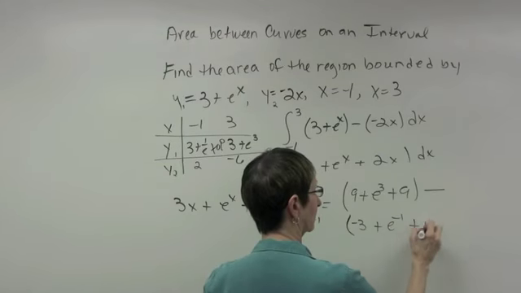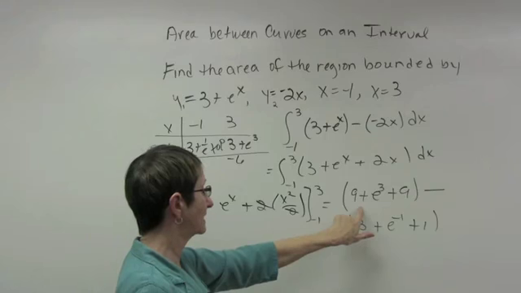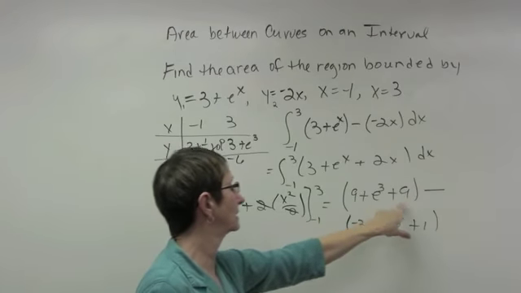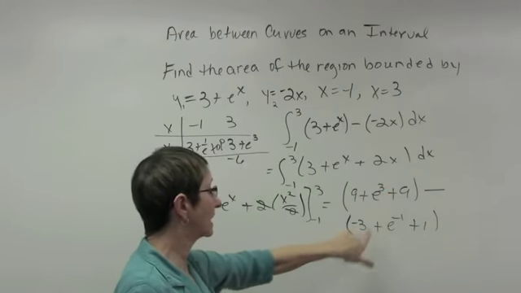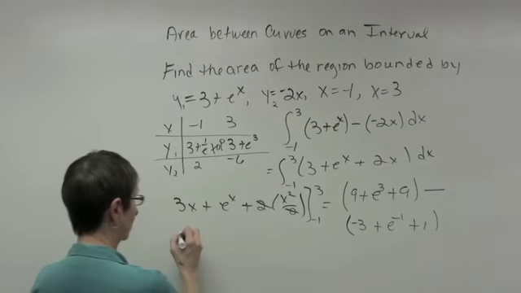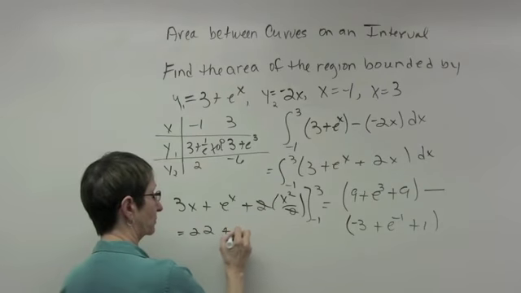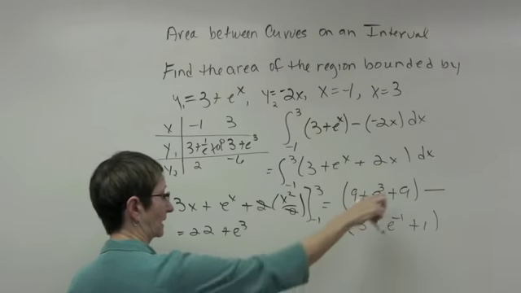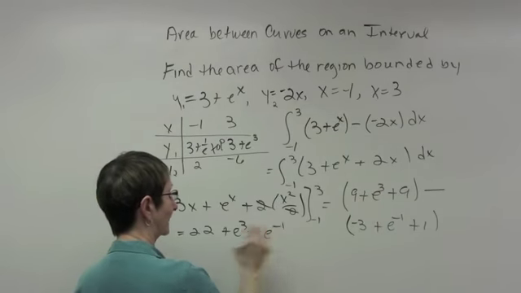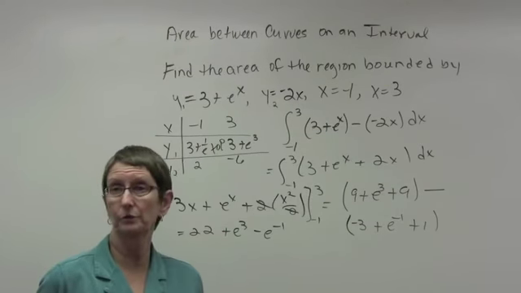So the exact value here, 9 and 9 is 18, plus 3 gives me 21, 22, plus e to the third, minus e to the -1, and this is the exact value.